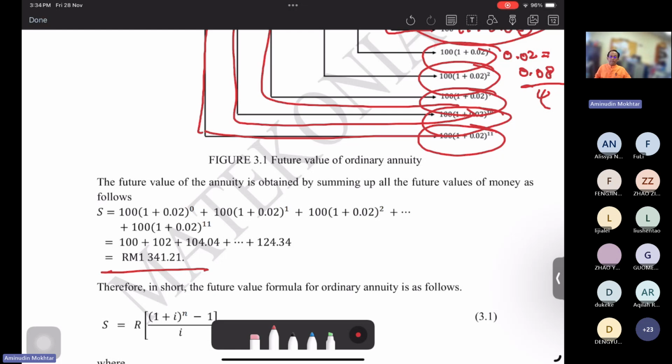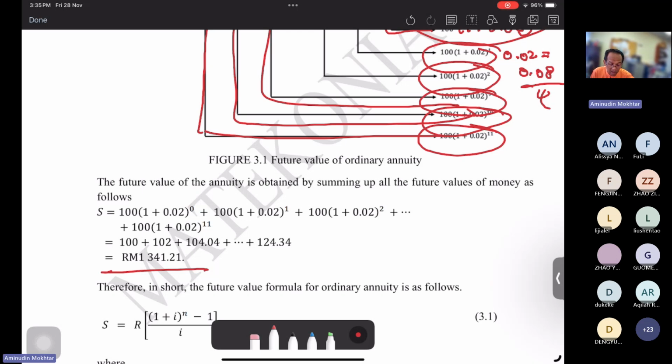That is all about the future value of annuity. In other words, the future value of annuity is the total of the related future values of money.